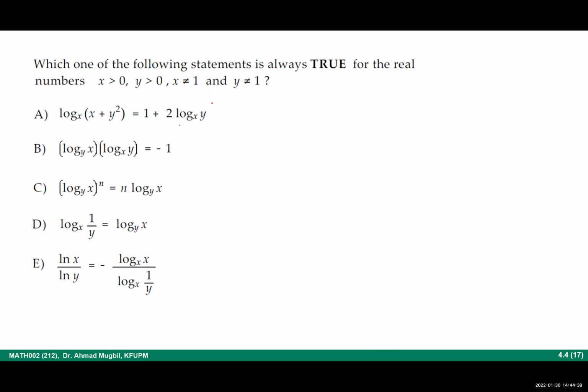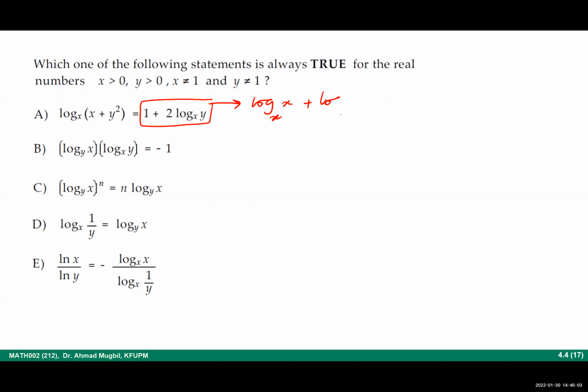You can start with this. What is this? It would be true if this was multiplication, not addition. You know that the log cannot be distributed over the sum. So this will be as it is. But this one here can be written as what? What is 1? 1 is log x of x. Do you agree with me? Plus. Why did I think about that?